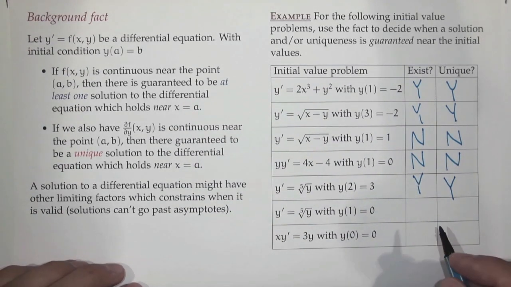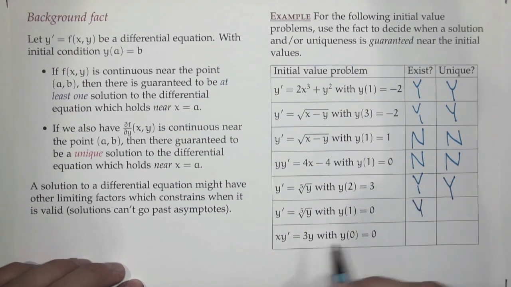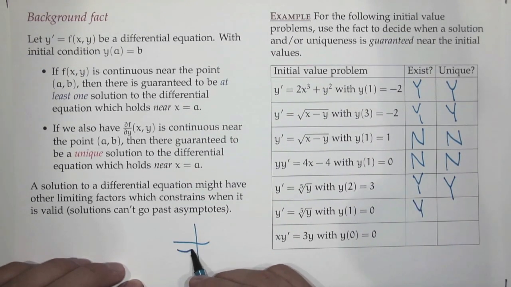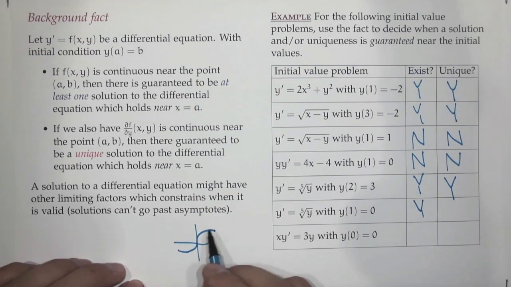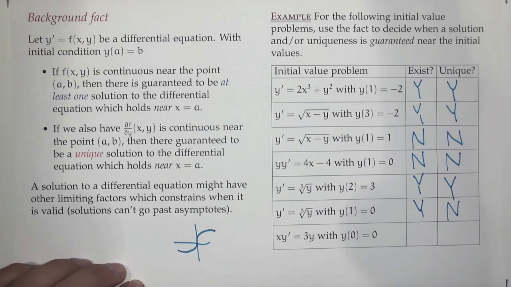Well, is it continuous? Yes, because the fifth root looks something like this. You're fine. But what about a derivative? Yeah, the derivative is not nice, so you're not guaranteed it's unique.